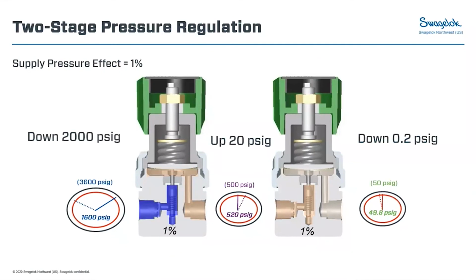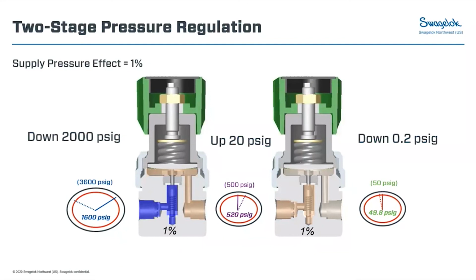So this time we're going to drop 2000 psi, so let's drop even more than the first example. If we go down 2000 psi, that gets us to 1600 psi. So 1% of that 2000 psi is 20 psi. So after that first stage, we're going to go from 500 up 20 psi. That gets us to 520.